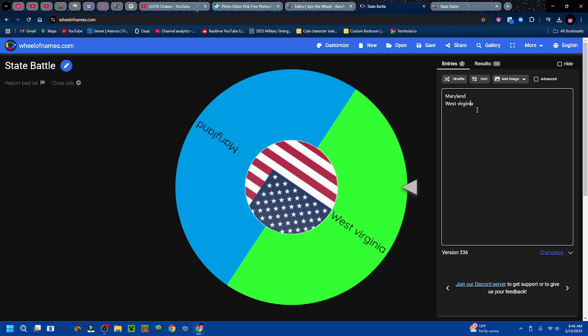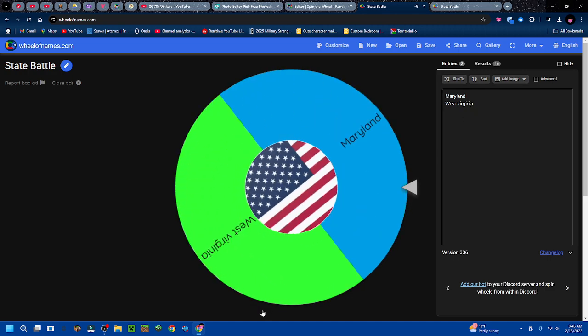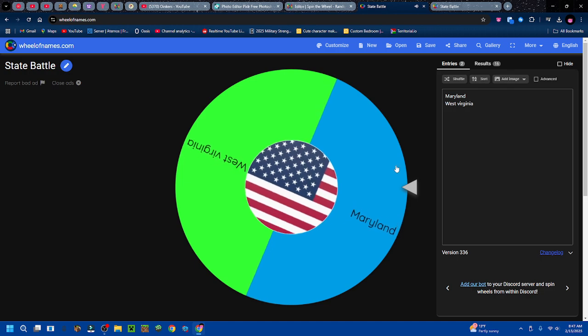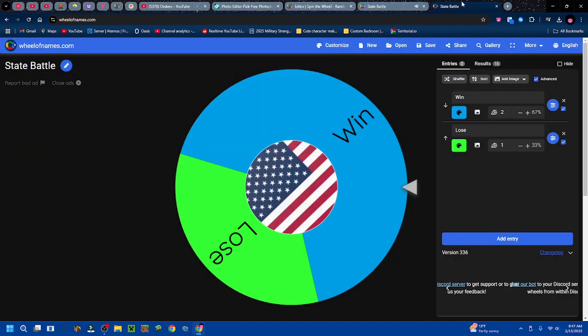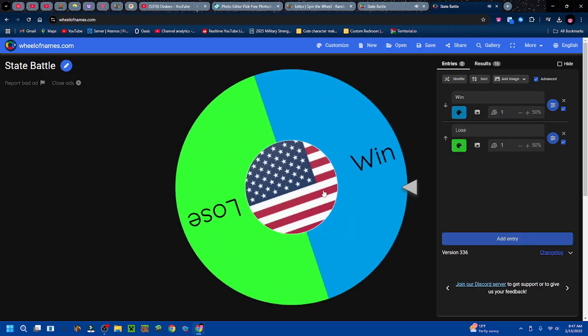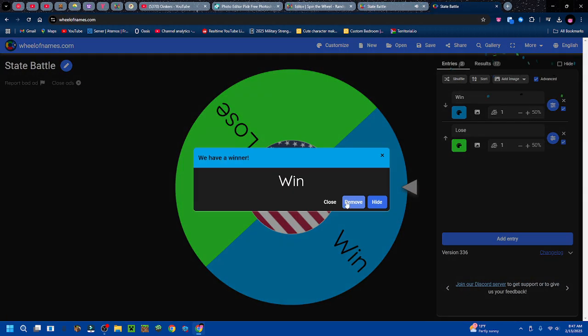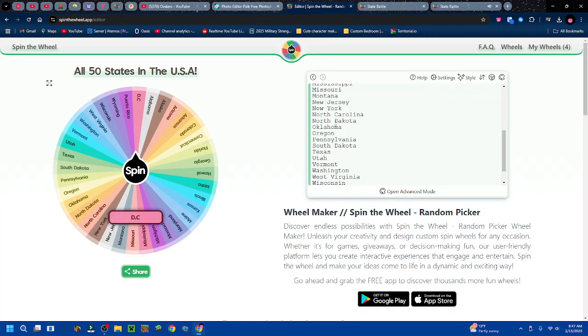Is that how you spell it? Yeah. Maryland and West Virginia. They're going to be attacking Maryland, though. Alright, smart move, though, because they don't have an advantage. They're going to win against Maryland. Oh! That is surprising. Okay.